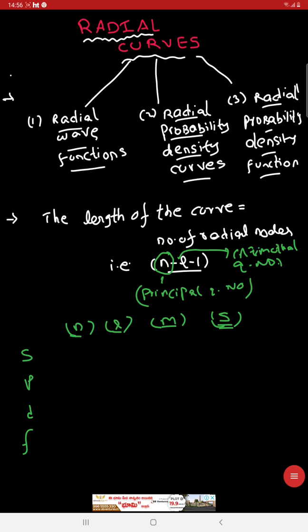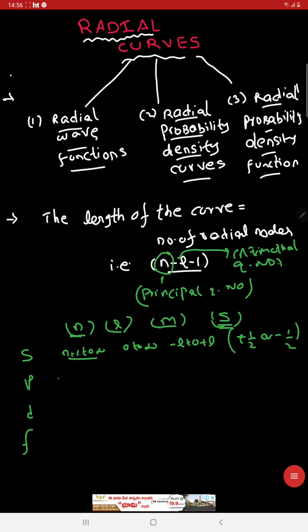Generally n value starts from 1 to infinity, l starts from 0, m starts from minus l to plus l, and s is only plus half or minus half. Means the two spins of the electron, either aligned in one direction or the opposite direction, only two orientations, plus half and minus half.